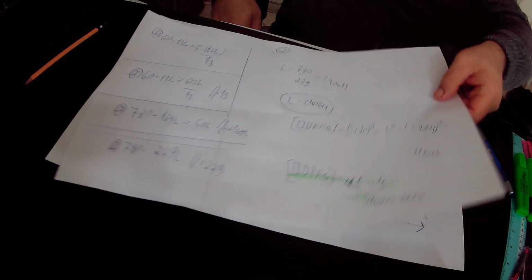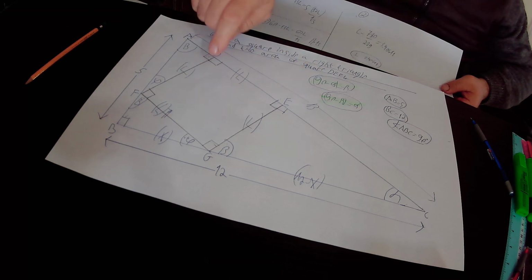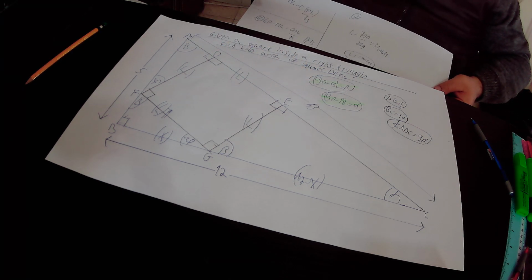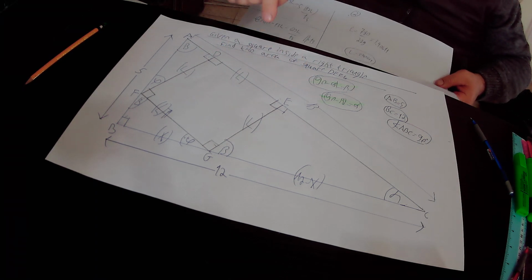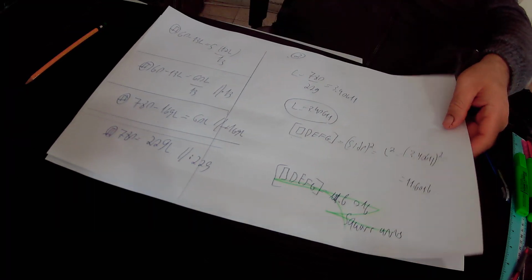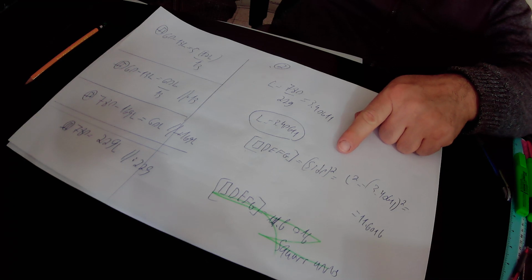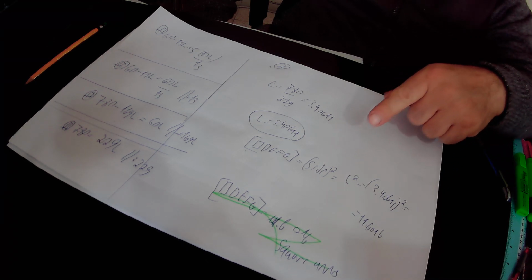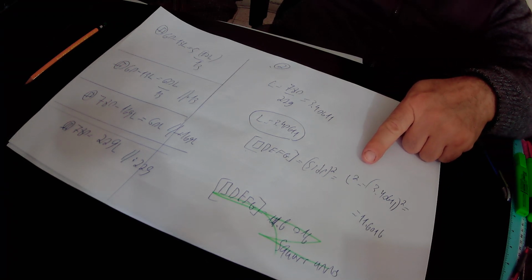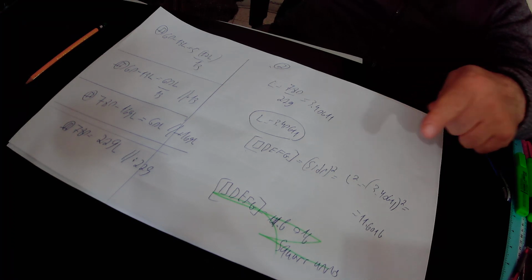The area of this square DEFG equals the length of one side squared. The length of one side is L, and the length of one side squared is L squared.